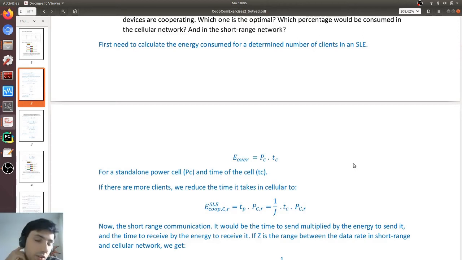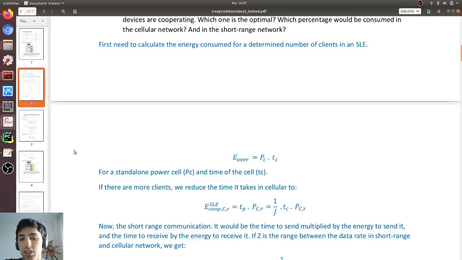So if we have 4 servers, we will have 1 divided by 4. Instead of sending 100% of the file in the cellular, we will send only 25%, a fourth. This is how the time is reduced: 1 by J multiplied by the time if it was only one server, and then the cellular power again. Now this is the energy consumption in the cellular.